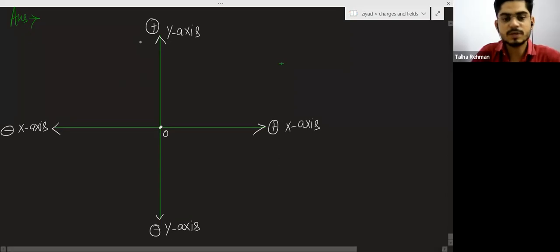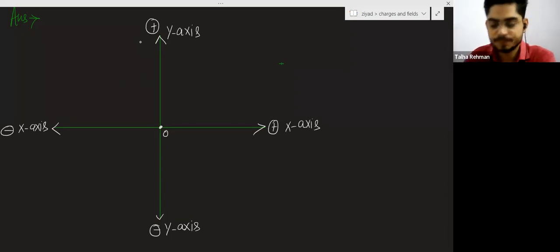So this is the coordinate plane, and they are saying a plus q charge is placed at this origin.